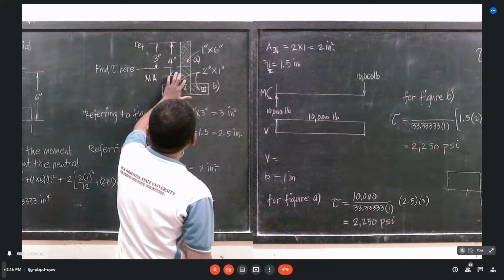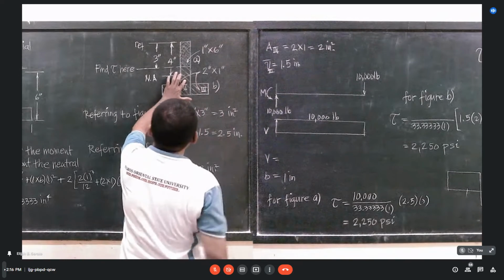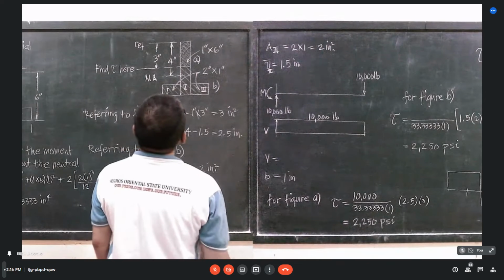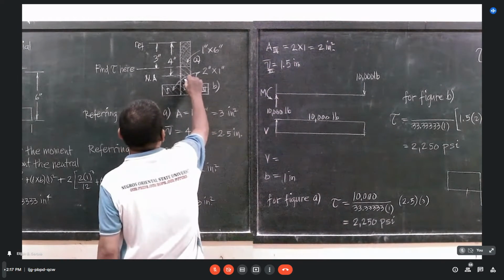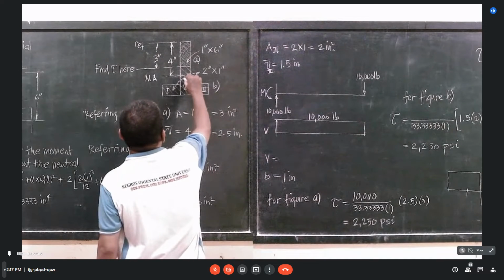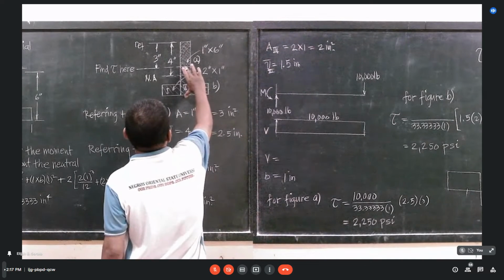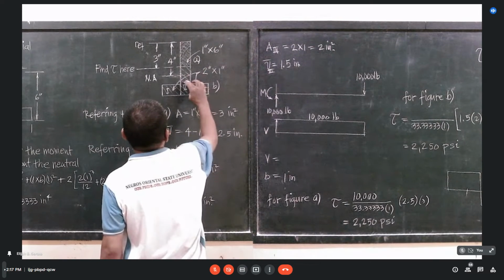Di ba? And this is actually ang neutral axis, sorry. That's correct, no? 3 ni siya. Kini is 3 ni siya, no? And then, so kini 3 man. So katunga ni siya sa 3.